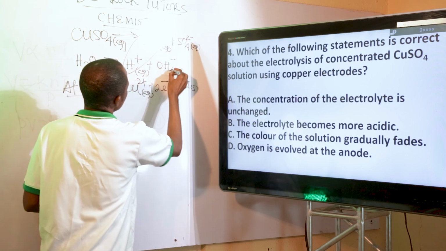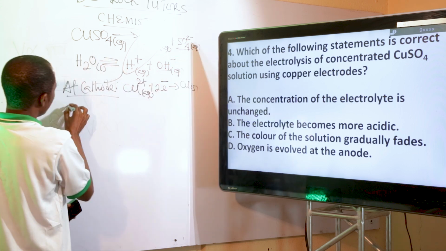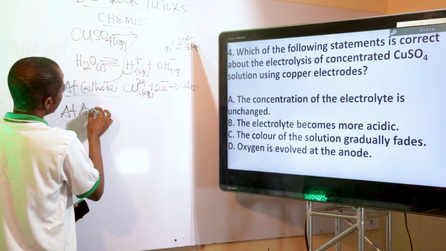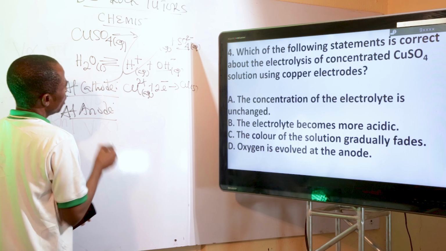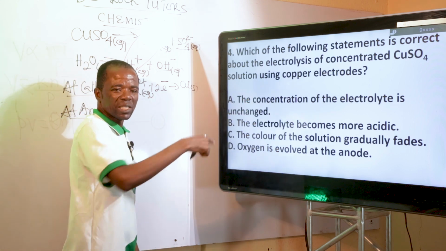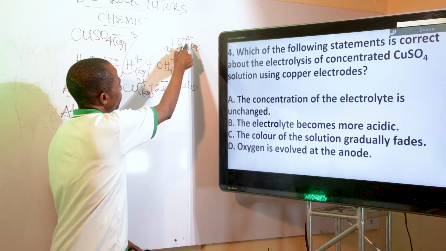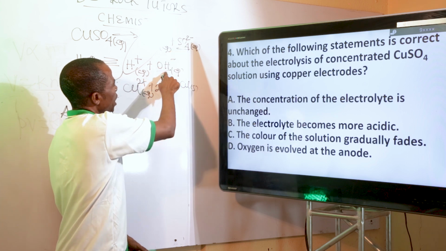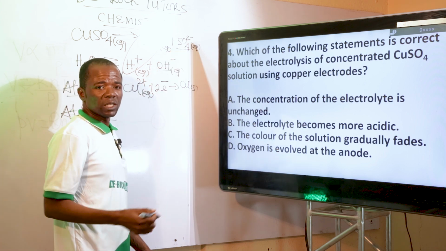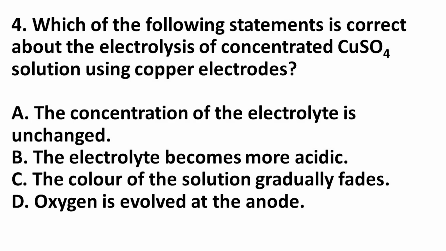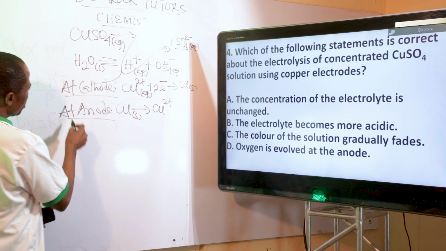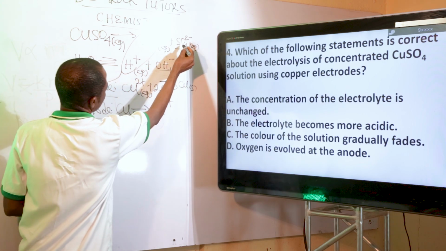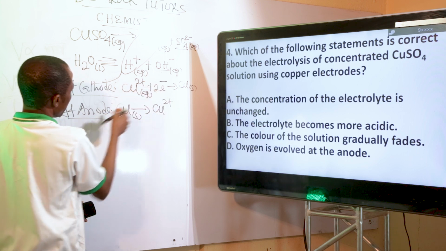Also, the 2 anions will migrate to the anode. But since we are using copper electrode, which is an active electrode, none of the sulfate ion or the hydroxide ion will be discharged. Instead, it is the copper anode that will dissolve. At the anode now, both sulfate ion and hydroxide ion will migrate to the anode.